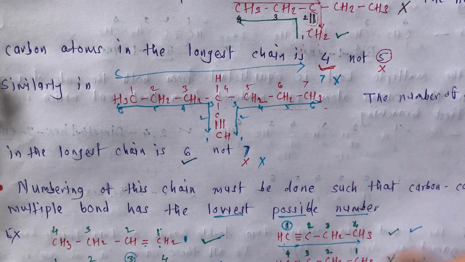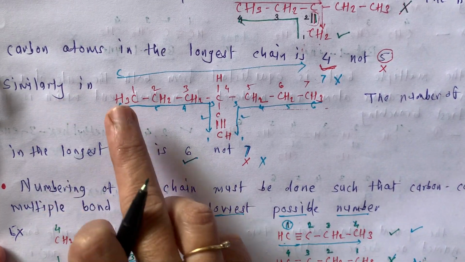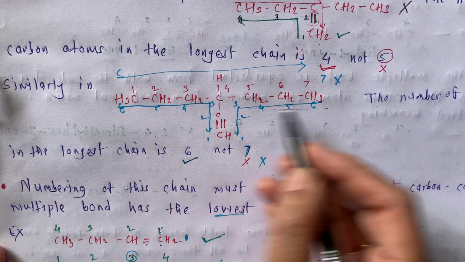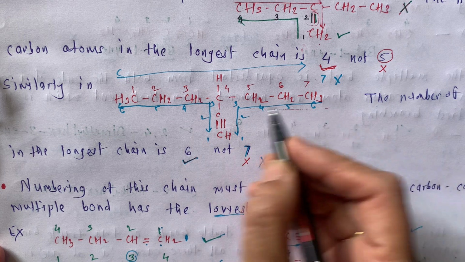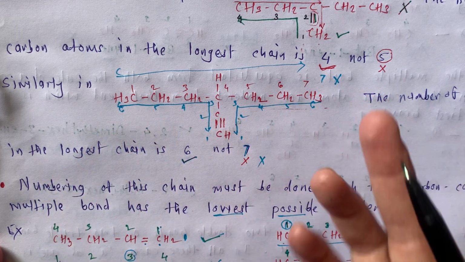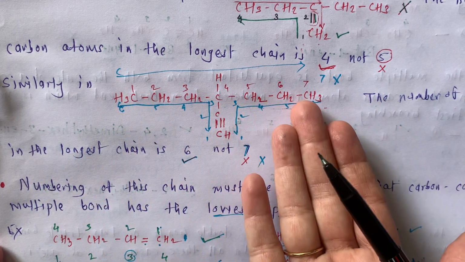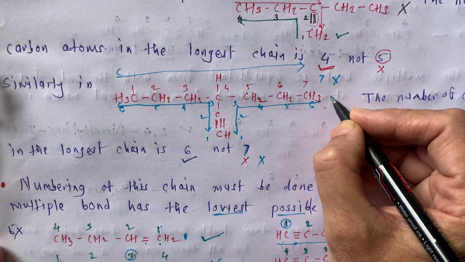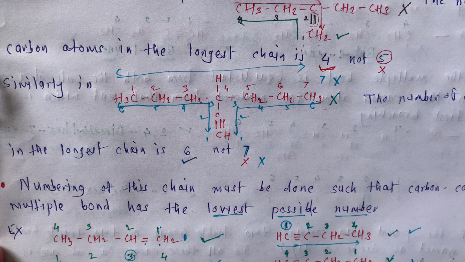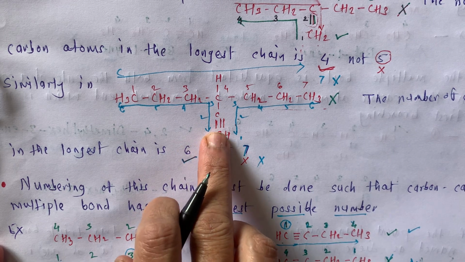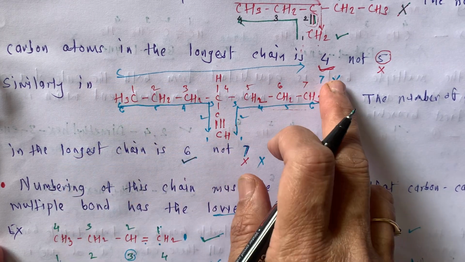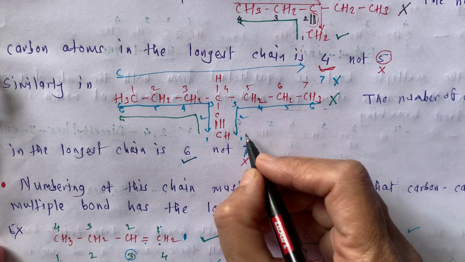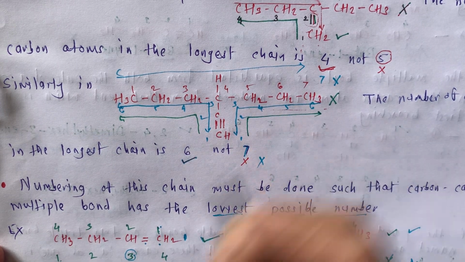Similarly, see another example, 1 2 3 4 5 6 7. The longest continuous chain, at first look, wow, there is a 7 carbon chain, but you cannot consider this one. Why? Because the multiple bond is here, not in this straight chain. The multiple bond is in this chain, or the multiple bond is in this chain.